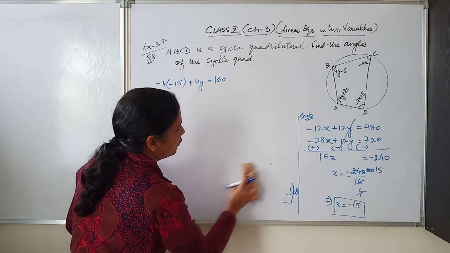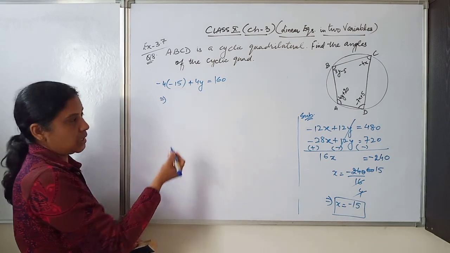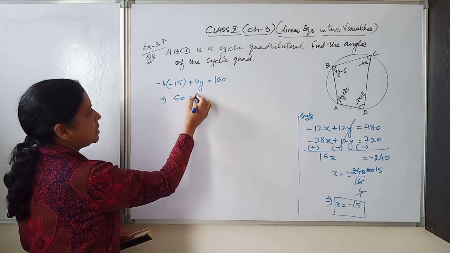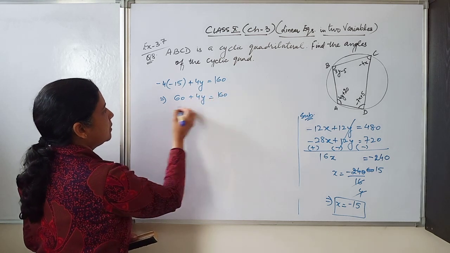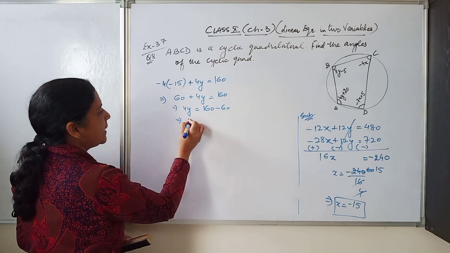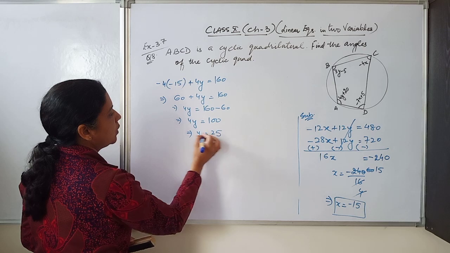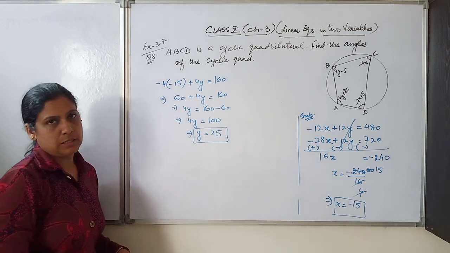Let's simplify for the value of y. Minus minus plus. 4 15s are 60. This becomes 4y is equal to 100. That gives you y as 25.